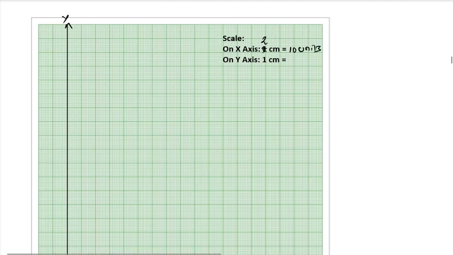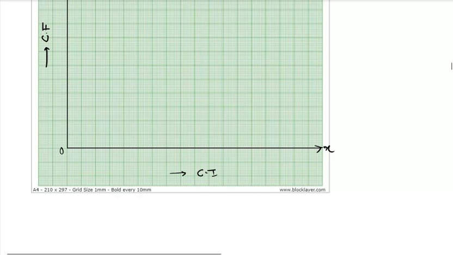Why I am doing that, I will explain. This is 0. Then I will leave 2 blocks and I will write 10 over here. If you want to zoom in and see, I will make it easier for you to view this properly.